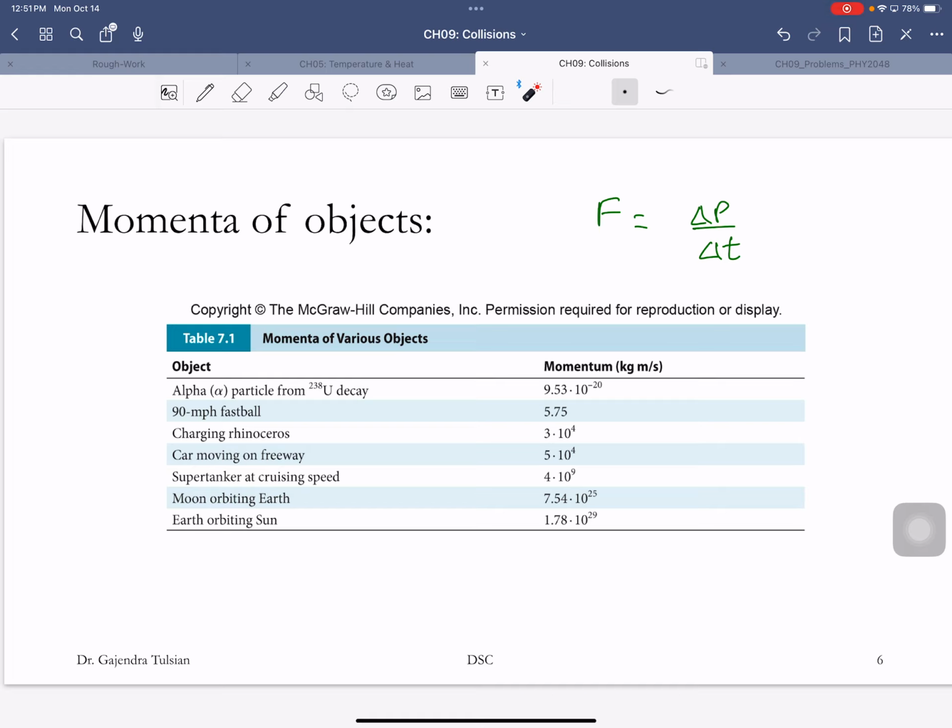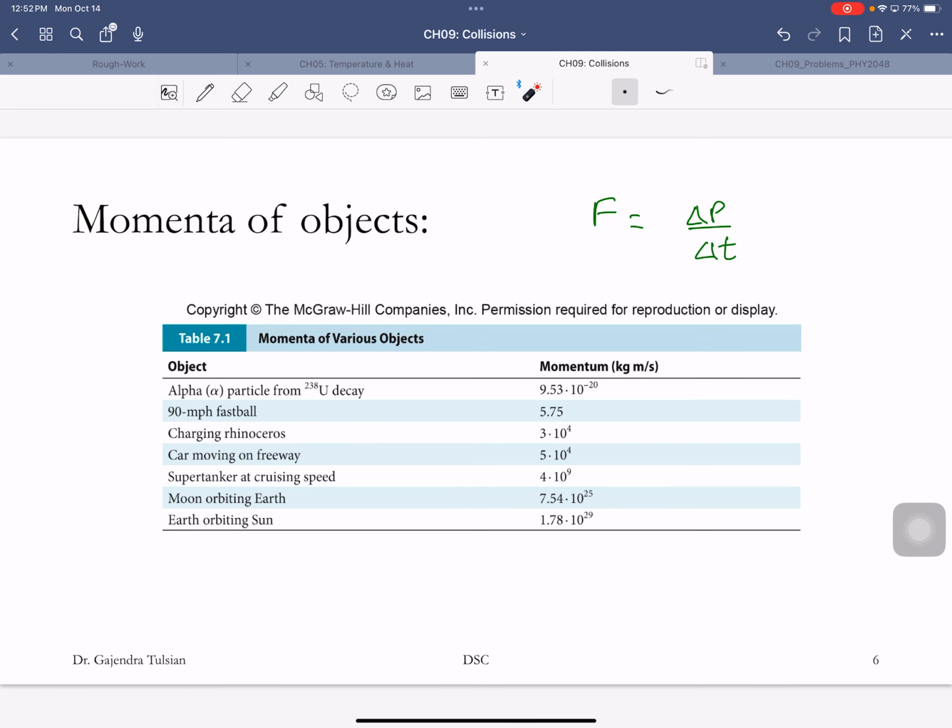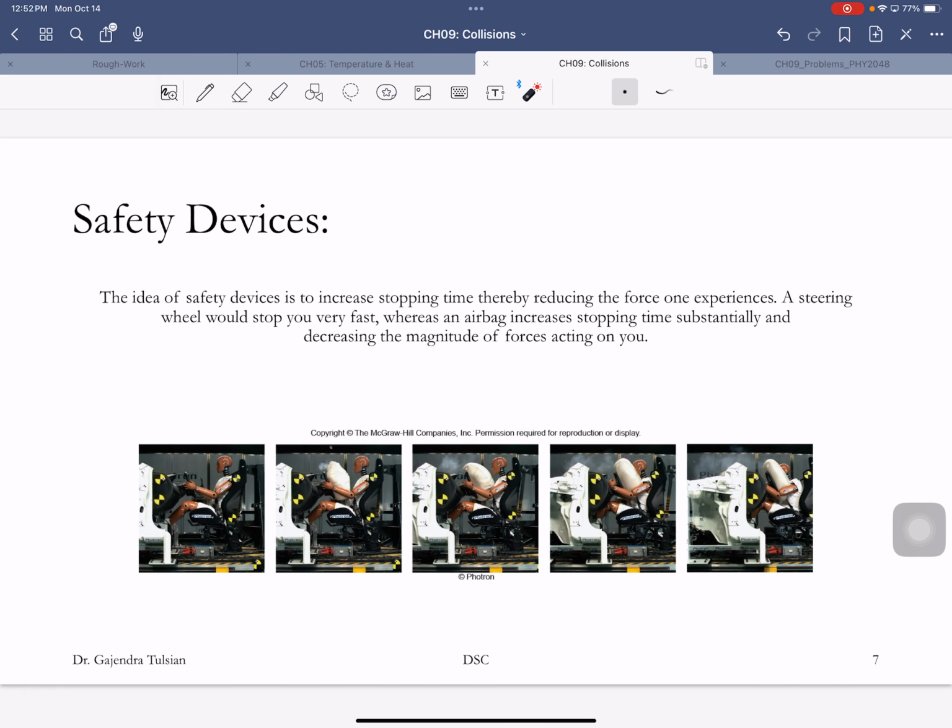So if you try and stop a rhinoceros in the same amount of time, from this table you know you need a force 10,000 times greater. And so on. A super tanker is 1 billion times harder than stopping a fastball. All right, now as engineers, you'll be responsible for designing safety devices.